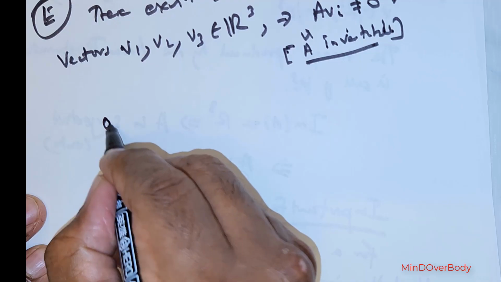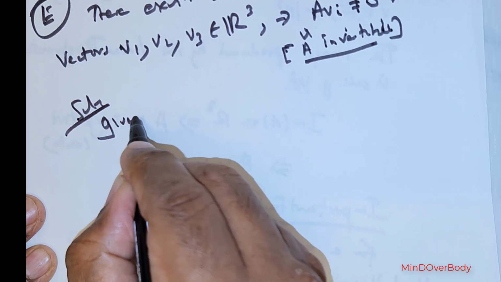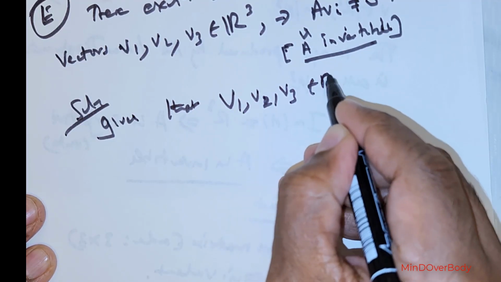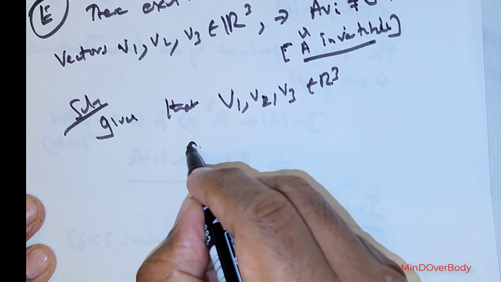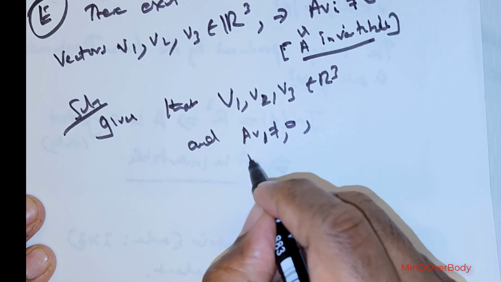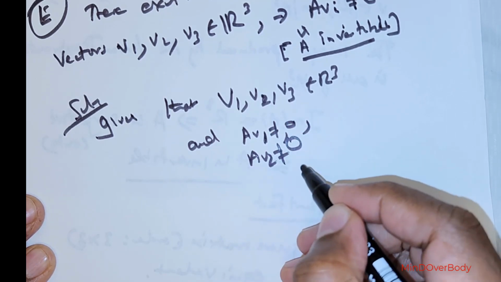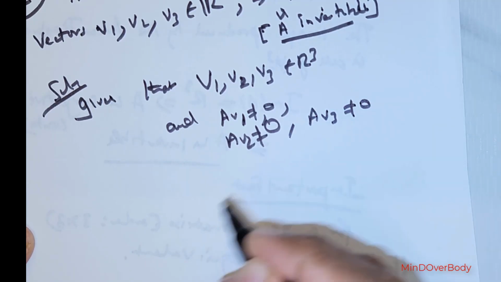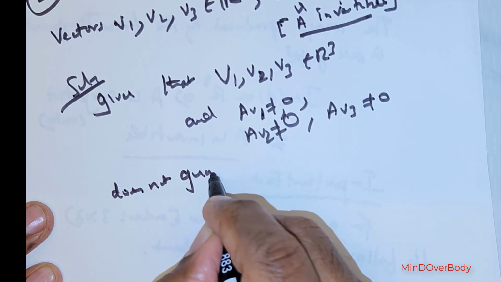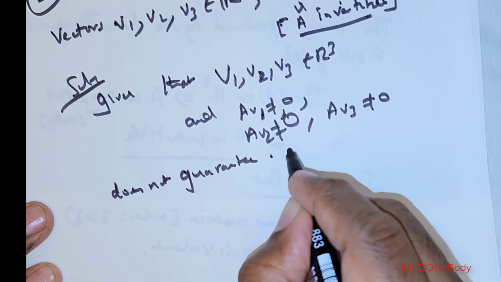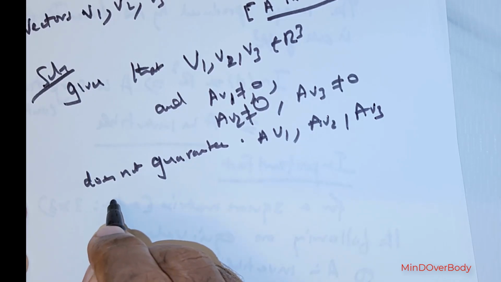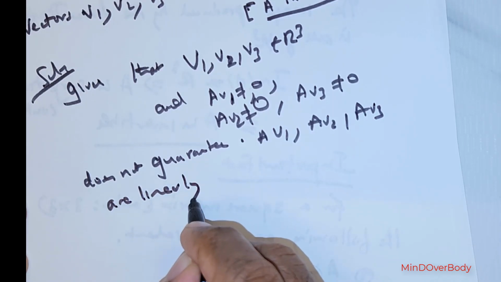So just because this is a solution I'm giving, given that v1, v2, v3 are elements of R3 and Av1 not equal to 0, Av2 not equal to 0, Av3 not equal to 0, does not guarantee Av1, Av2, Av3 are linearly independent.